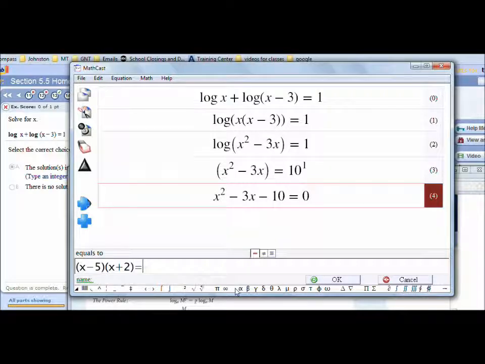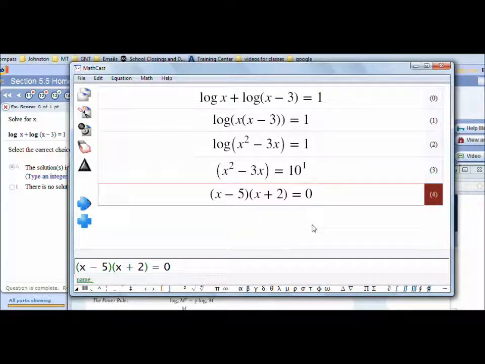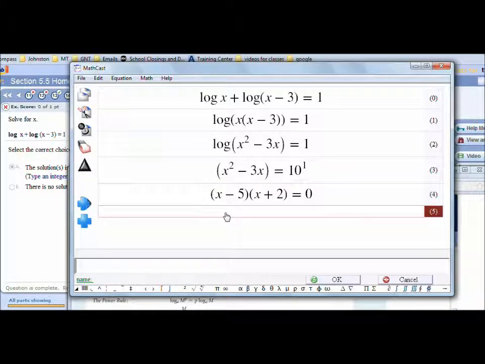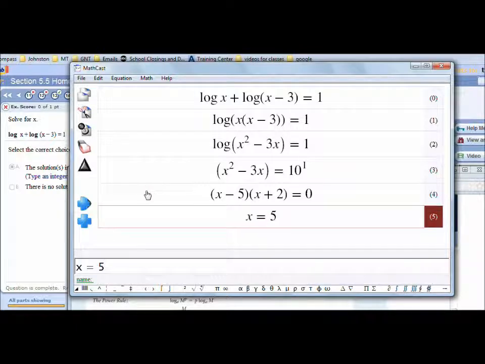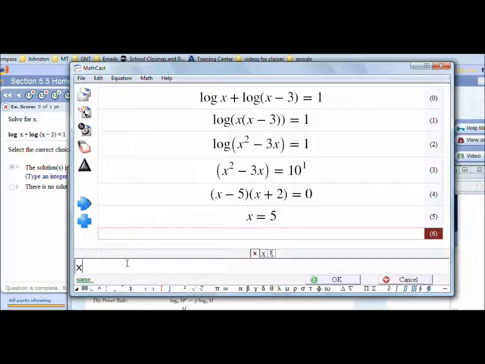And then you're going to end up with two answers. X equals 5. Come on, you can do this. What's the scoop here? X equals 5. And we'll throw one more in here. X equals -2. Okay, those are our two answers.